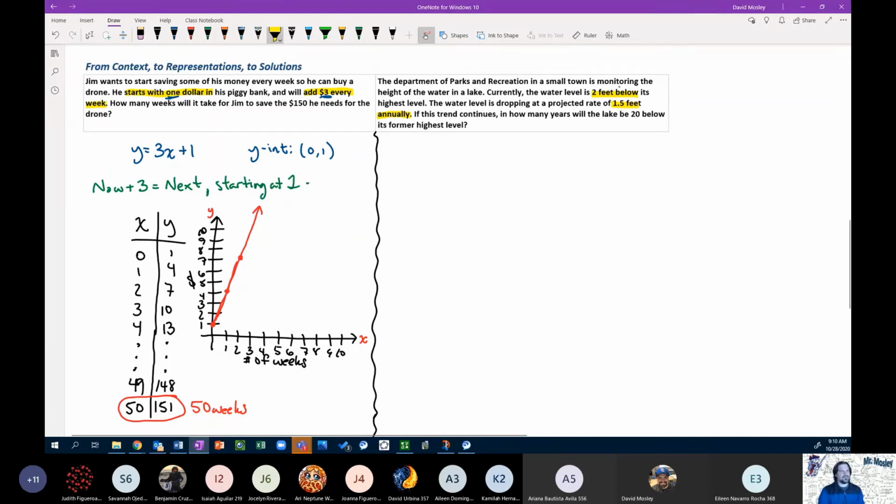Right, so again, in our context, we have a start value and we have our rate of change. 2 feet below, right, we're at a -2. And the slope is also negative, because it is dropping.